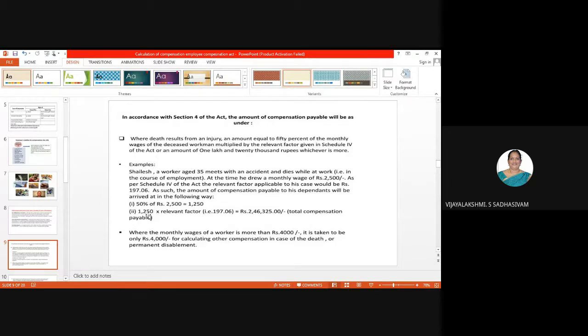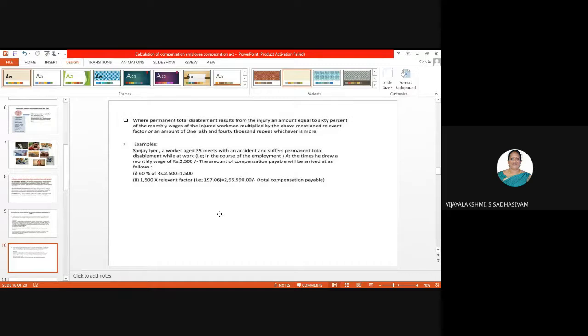So into 50% of this, that is 1,250. The relevant factor is 197.06. So the total compensation is up to 2,46,000. This is the total compensation. But here the workman is having wages of more than 4,000, so we are taking only 4,000 for the calculation of compensation in case of death or permanent disablement.